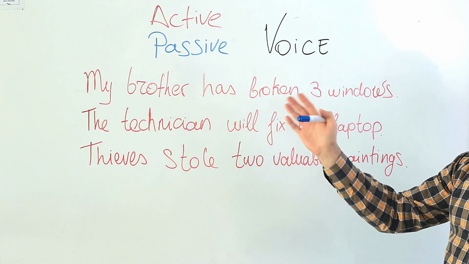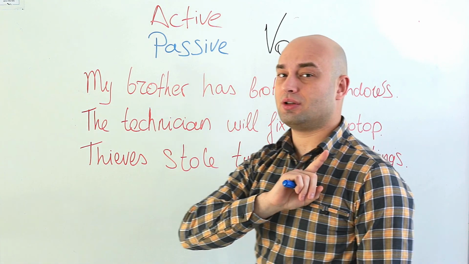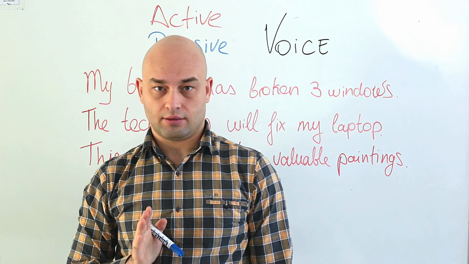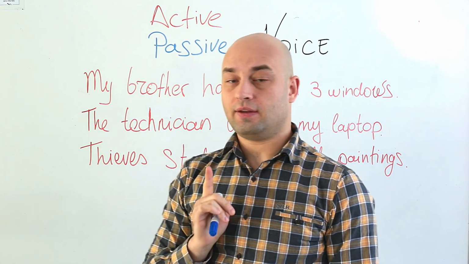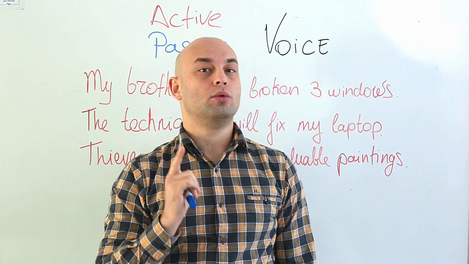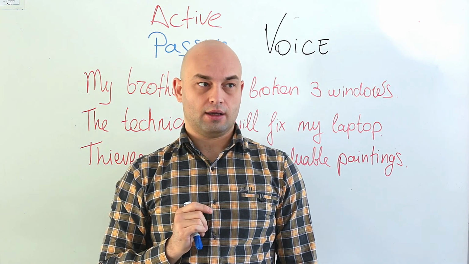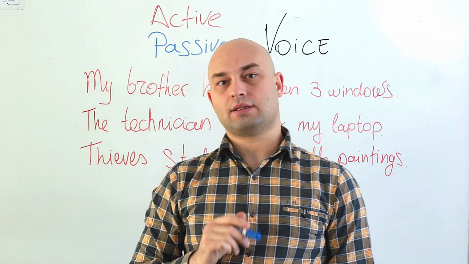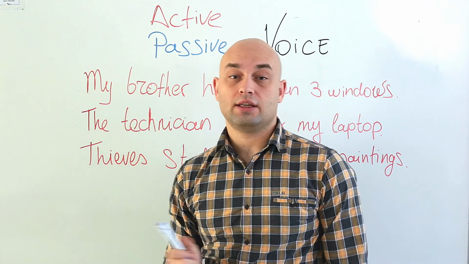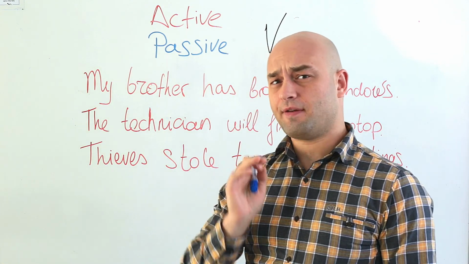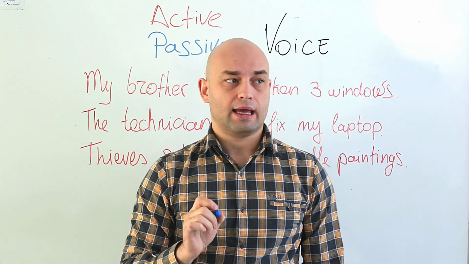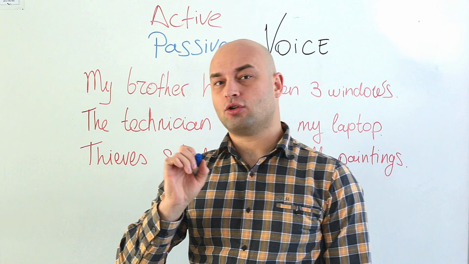So, what's this voice thing? What's active or passive? Okay, we're not talking about a verb tense today. Actually, the idea is you know all the verb tenses, most of the verb tenses. These are already very complex structures and very abstract, complex ideas.